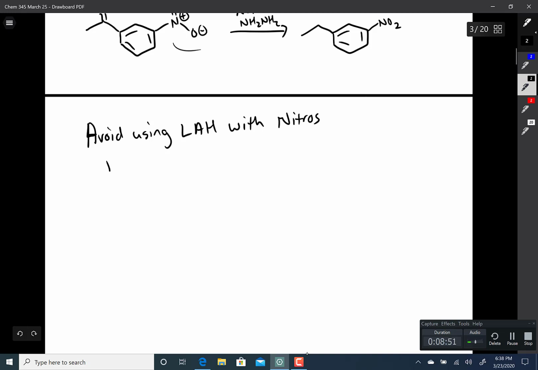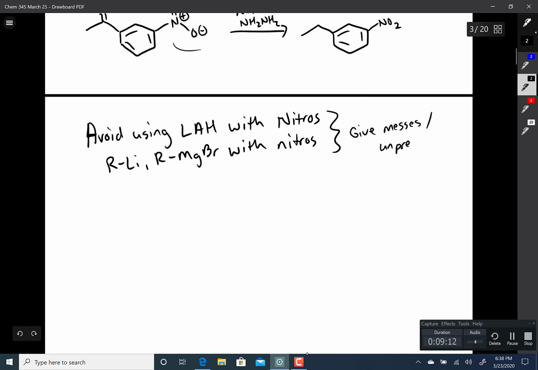Also avoid using organolithiums and Grignards with nitros. Because these, organolithiums, Grignards, and LAH, have a tendency to give messes, unpredictable results. So try to avoid that.